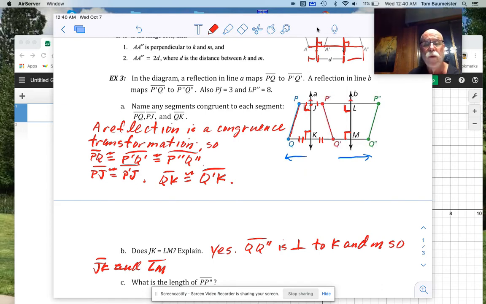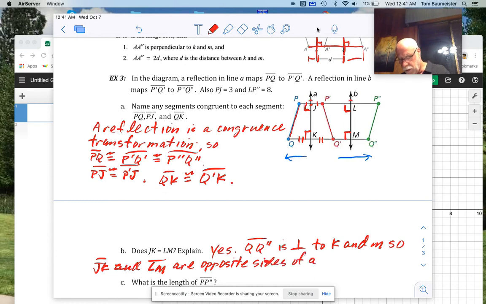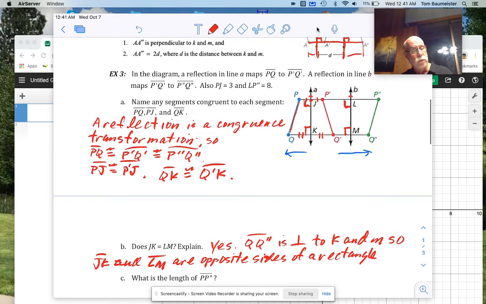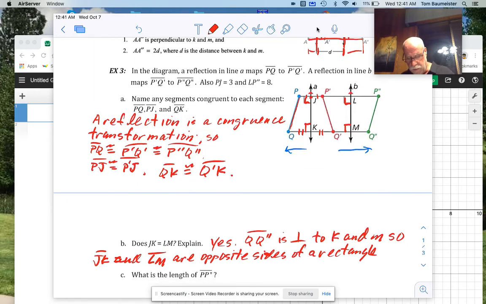I haven't told you that it was square, so you have to assume it's rectangle unless I tell you all sides are the same length. But we know that JK and LM are opposite sides of a rectangle. And if they're opposite sides of the rectangle, we know their distances are the same. So we can say that JK is equal to LM.